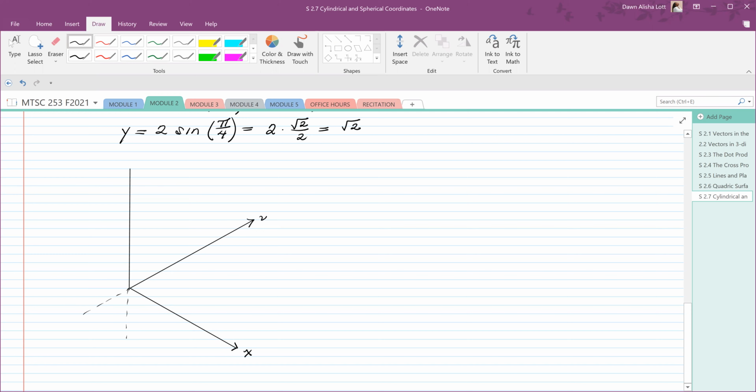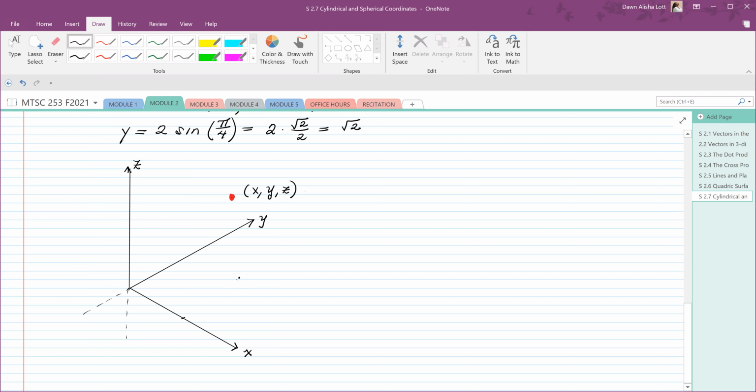This is y. And this is z. So now if I have a point in 3 space, I can go out x, I can go over y, and then I can go up z. So here's my point. So this point has coordinates x, y, and z.